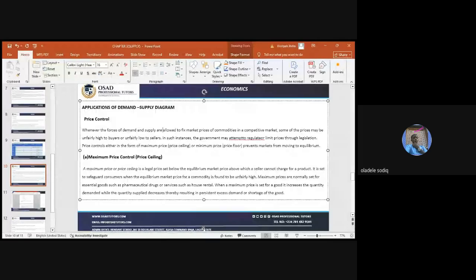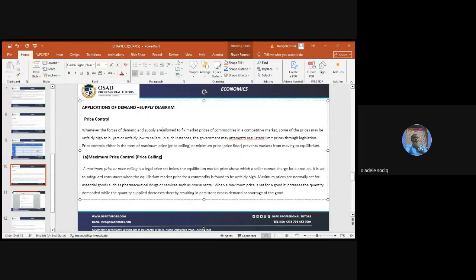So what is price control? Whenever the forces of demand and supply are allowed to fix market prices of commodities in a competitive market, some of the prices may be unfairly high to buyers or unfairly low to sellers.